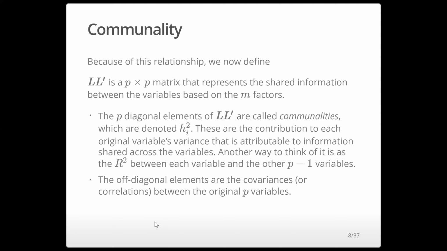And so it is actually the R squared of each variable regressed on each other variable. The off diagonal of the LL transpose matrix are the covariances or the correlations between the original P variables. So this matrix is capturing the correlations in the data and the amount of information for each variable that's attributable to those correlations.